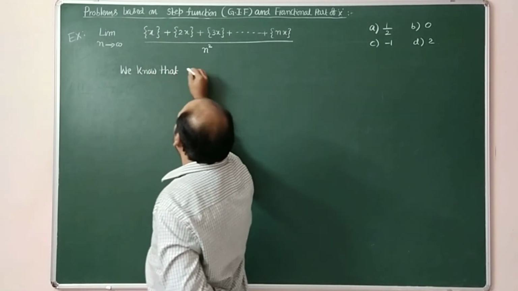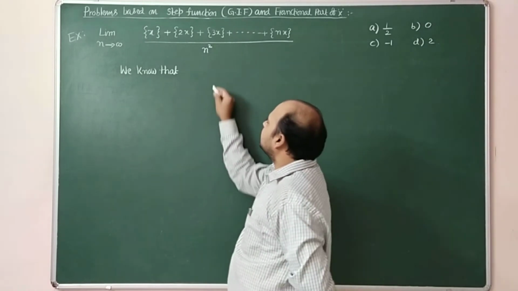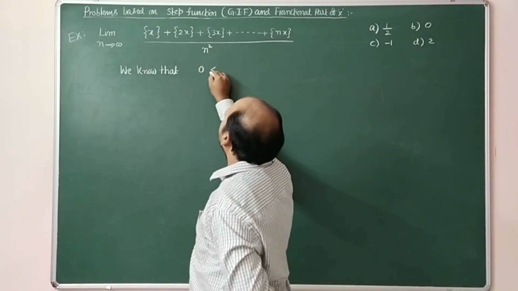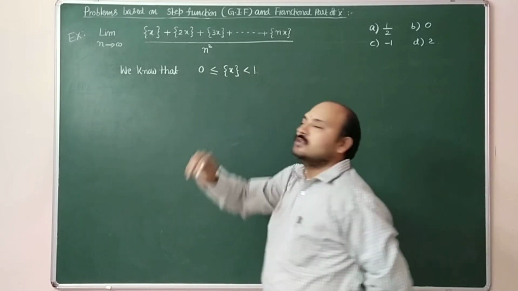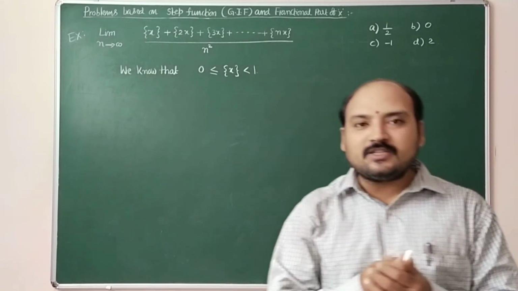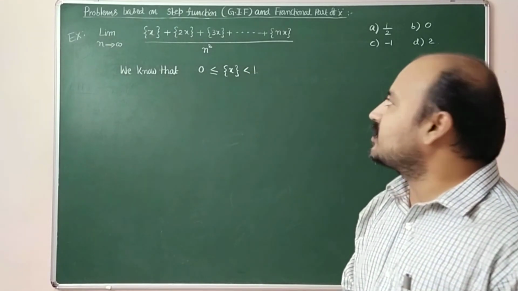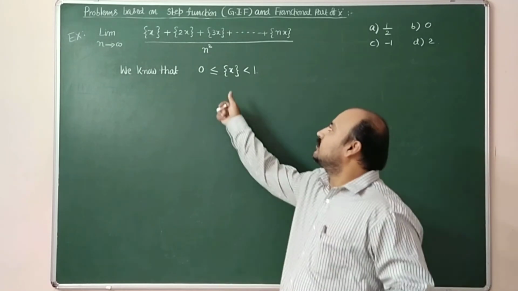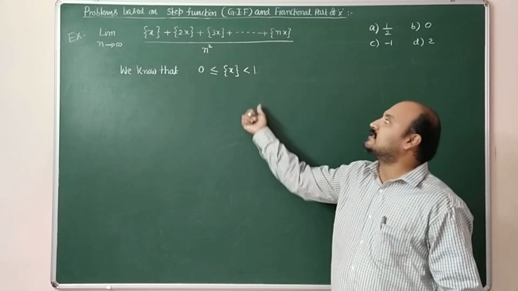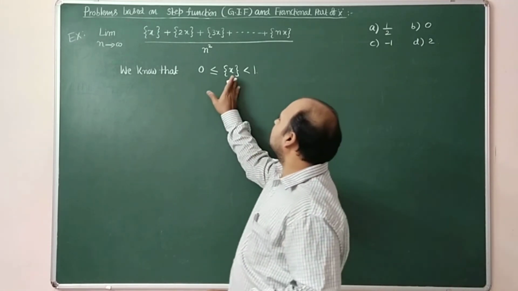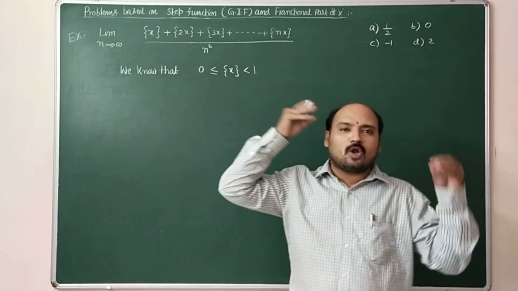the range of the fractional part of x is 0 is less than or equal to fractional part of x is less than 1. Similarly, in place of x, 2x, 3x and so on will be there.